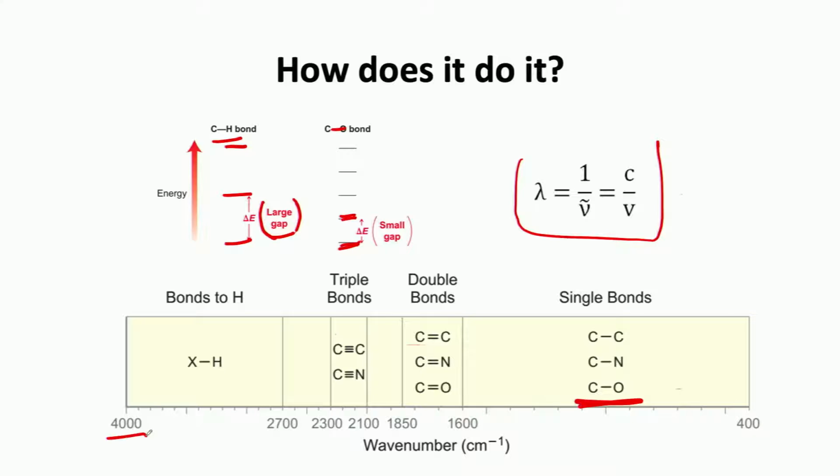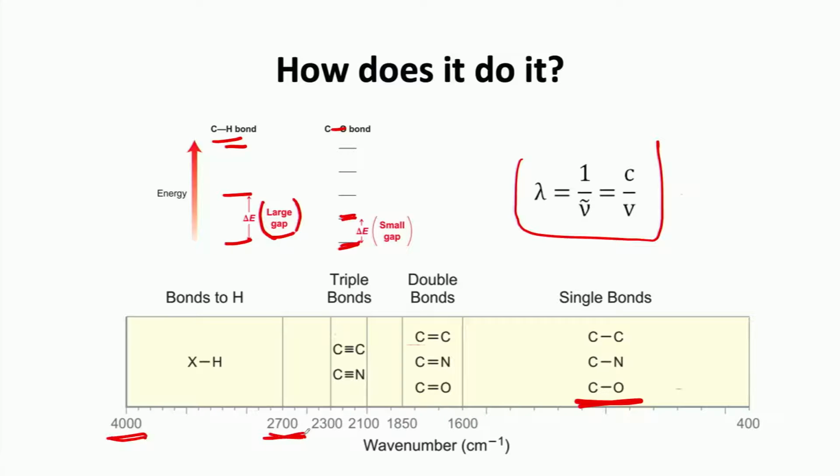So here between 4,000 and 2,700 wave numbers, and the reason why they did it this way is because instead of using wavelength, which is nanometers or centimeters, they did inverse so that the bigger numbers would be more energy, instead of smaller numbers being more energy like it is when you do wavelength. Because remember, when you do a smaller wavelength, you actually have a larger energy.